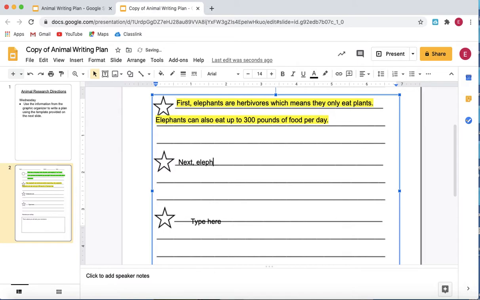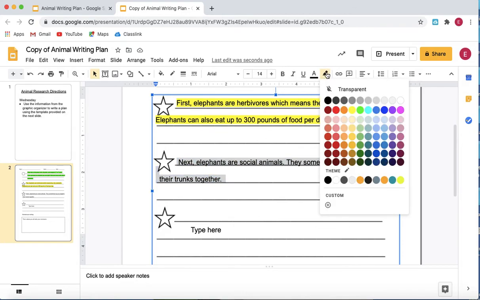Elephants are social animals. They sometimes hug by wrapping their trunks together. All right. Okay, so that describes their behavior. So I'm going to make that yellow because it's a star.